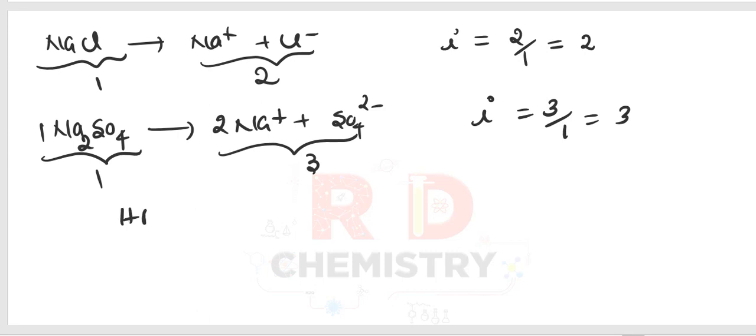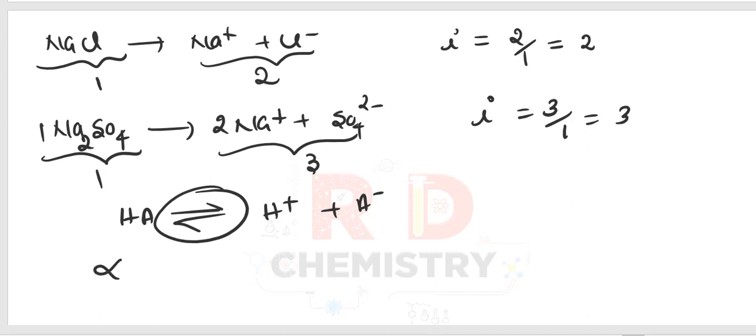But HA dissociates partially to give H+ and A-. When I write the equilibrium like this, it is not 100% dissociated. Here it is given 20% dissociated. Now this is a dissociation. We can use alpha is equal to (i minus 1) divided by (n minus 1).